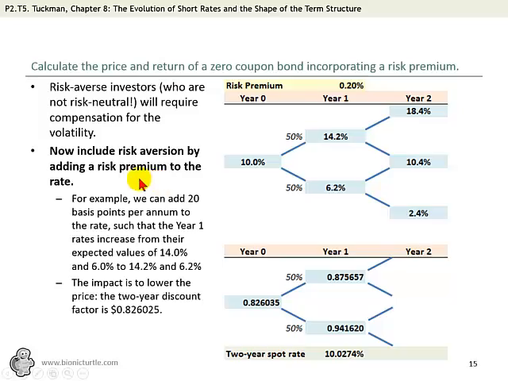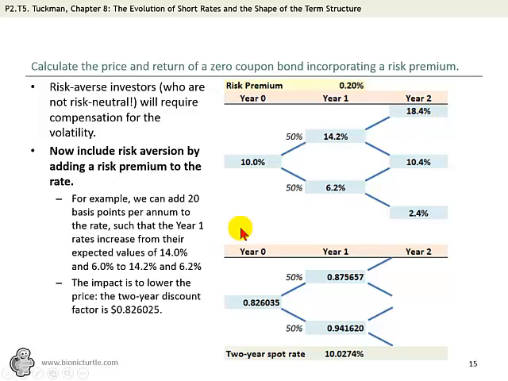And the way that Tuckman handles this, he suggested there are different ways to do this, is simply to add a risk premium to the rate. So investors can still expect this 10% to go up to 14 or down to 6, but they're going to attach a risk premium of 20 basis points. So for example, we can add 20 basis points per annum to the rate, such that the year one rate we use to discount instead of 14 is 14.2, and then adding another 20 here at year two, it's 18.4.